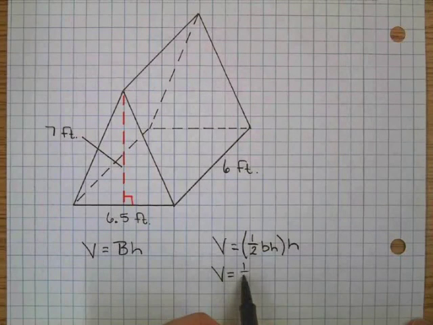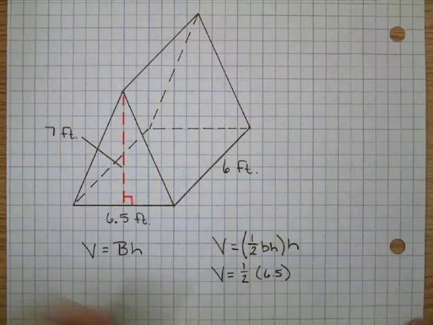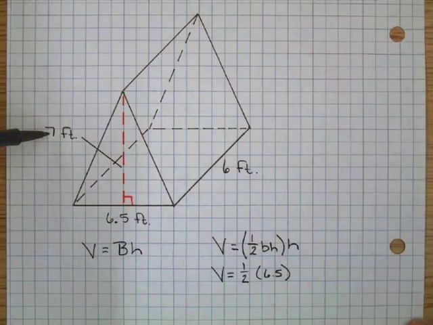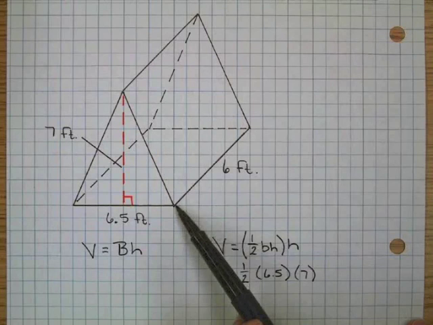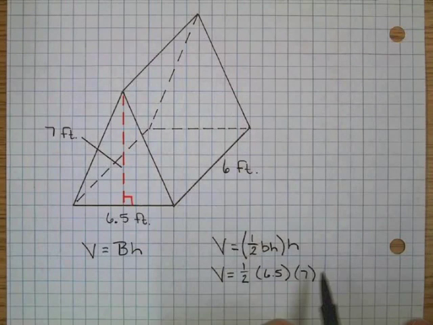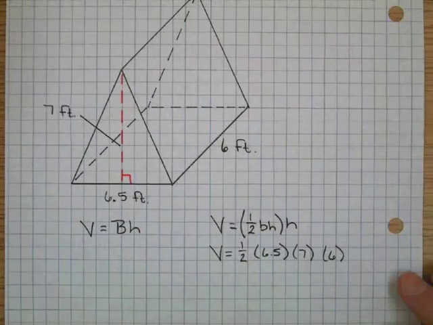So 1/2, and our base here is 6 5/10. The height of our triangle is 7, and the height of the entire prism is 6. So we're multiplying all of those dimensions together.